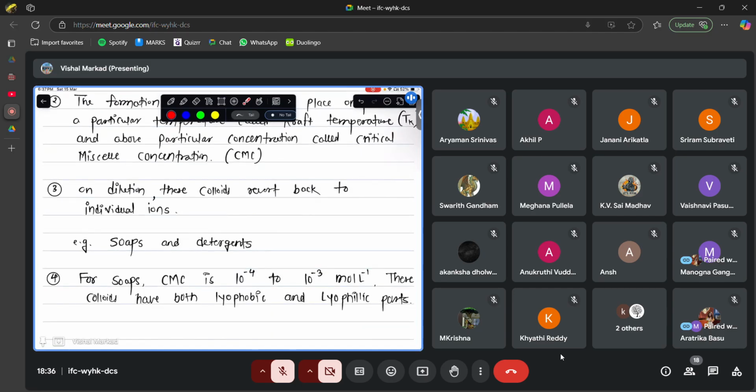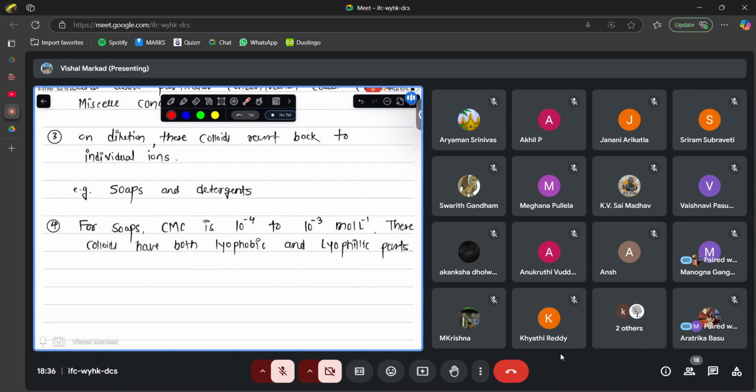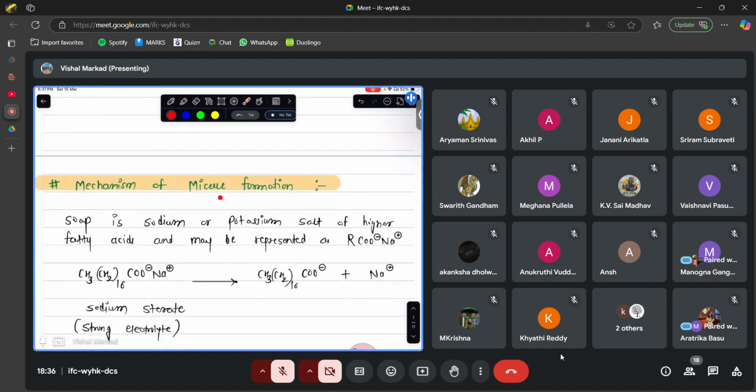Soaps and detergents are examples. Not required here, but we know that soaps have a lyophobic and a lyophilic part. Now this is one more question, the most important from this chapter for 4 marks: the mechanism of micelle formation. Now we have soap.